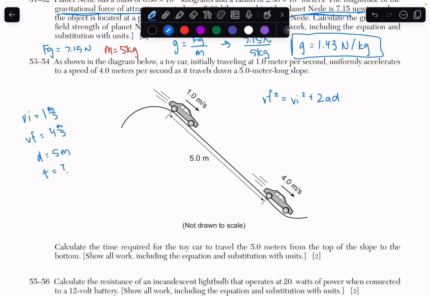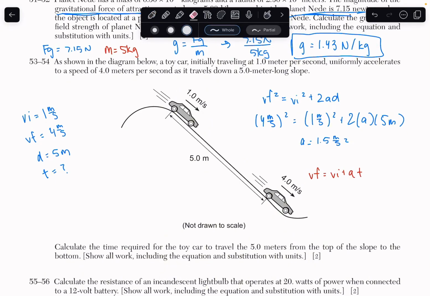And we could just plug in. So 4 squared equals 1 squared plus 2 times acceleration times 5 meters. And if we solve that out, we can get an acceleration of 1.5 meters per second squared. So now that we have acceleration, we can use the equation Vf equals Vi plus at to find time.